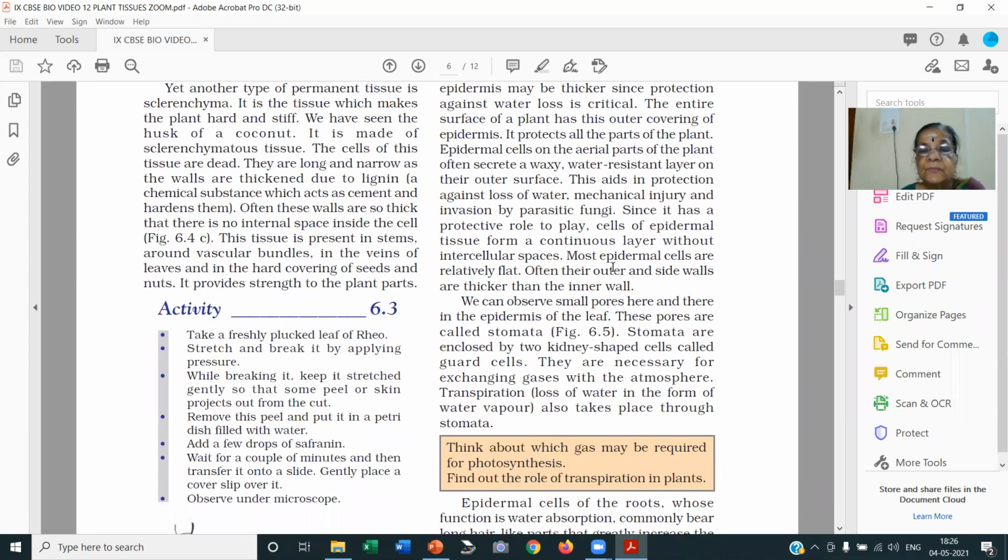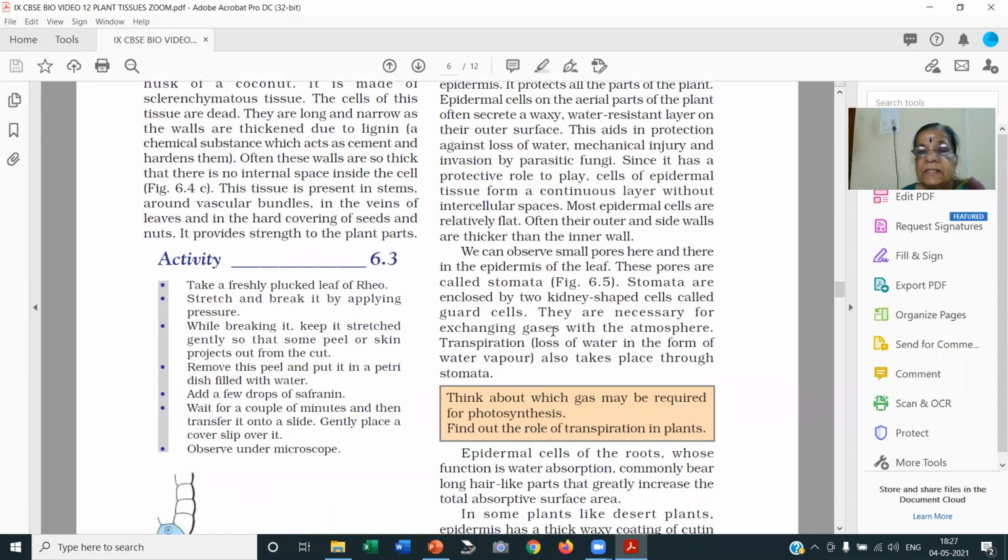Another structure we observe on the epidermis of the leaf is called stomata. Stomata are enclosed by two kidney-shaped cells called guard cells. And they are necessary for exchanging gases with the atmosphere, namely carbon dioxide and oxygen.